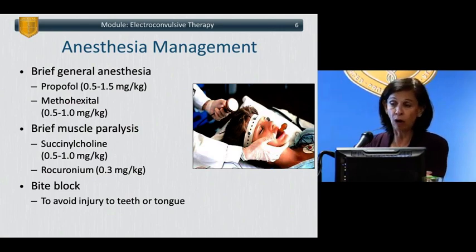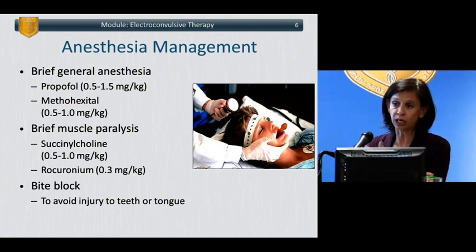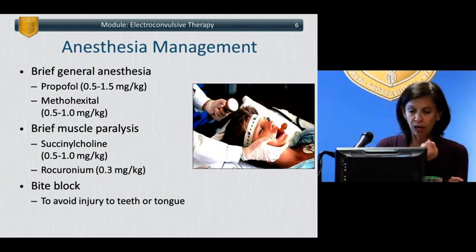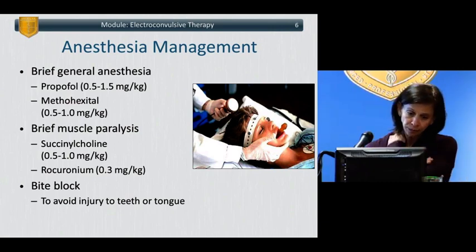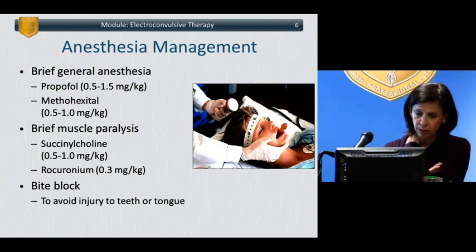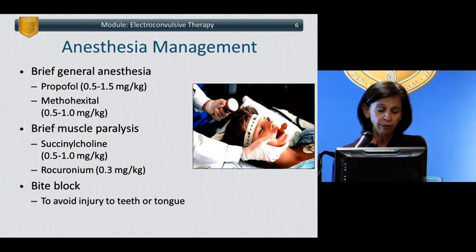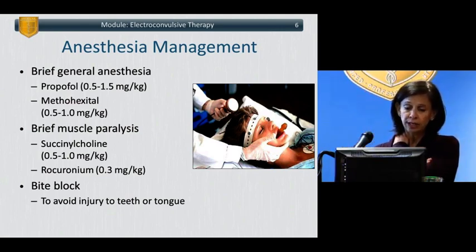You want it to wear off relatively quickly because the patient now has a short post-ictal state after the seizure, and then they want to be awake and up and ready to go home. If for some reason succinylcholine is contraindicated, then rocuronium in small doses can be used, though typically you may need to mask ventilate the patient after the seizure because it will last longer than the patient can tolerate being apneic.